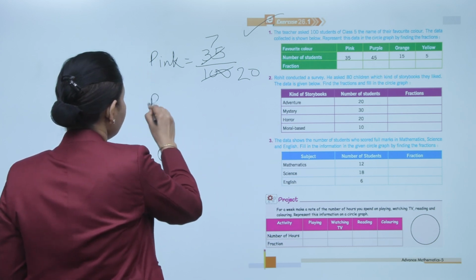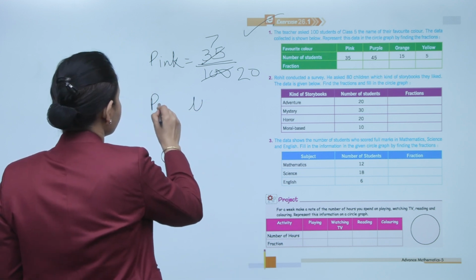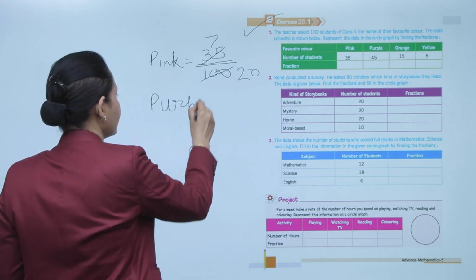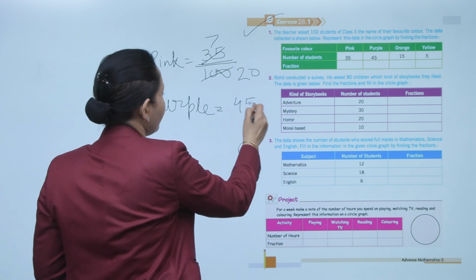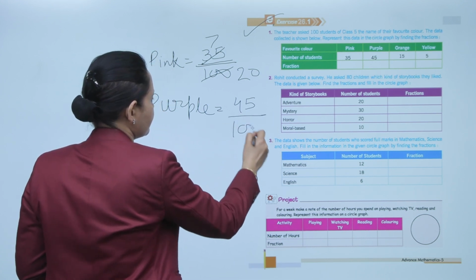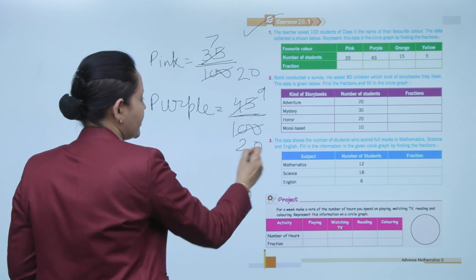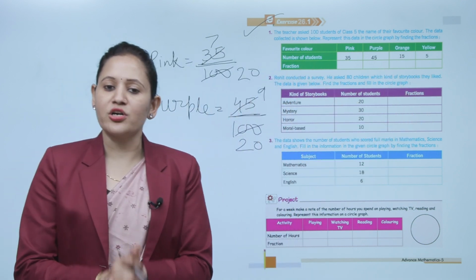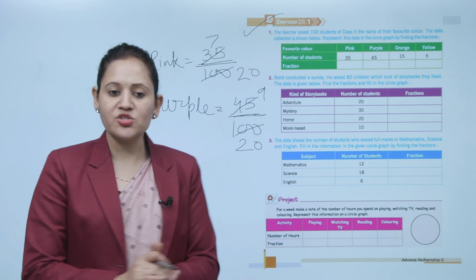Like this, we'll find fractions for purple. 45 students like purple, so 45 upon 100. So like this, we will find the fractions for orange and yellow as well, and then according to fraction, we will draw the circular graph. Clear? So practice all these questions here.